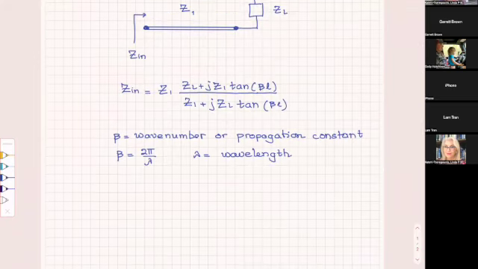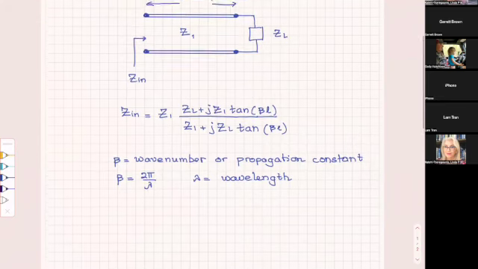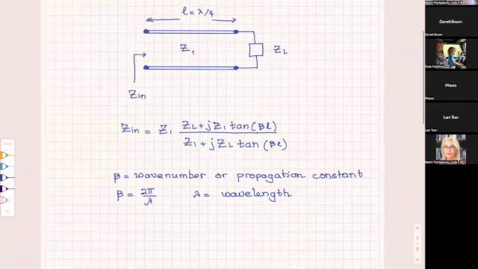Okay, then for the transmission line, L equals lambda over 4.